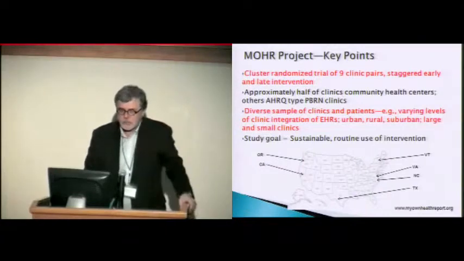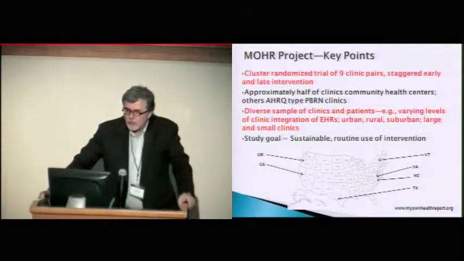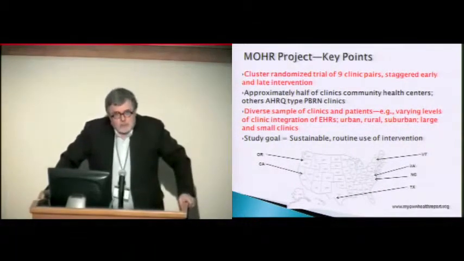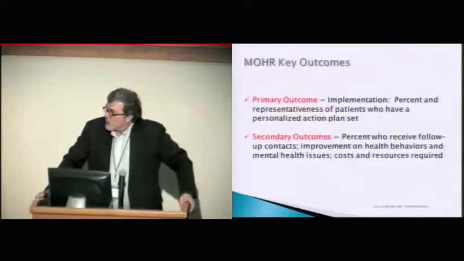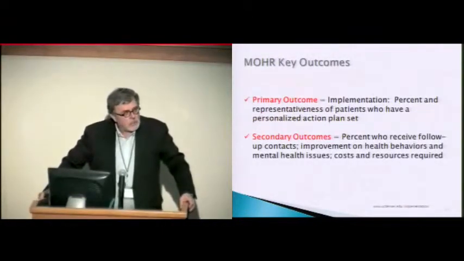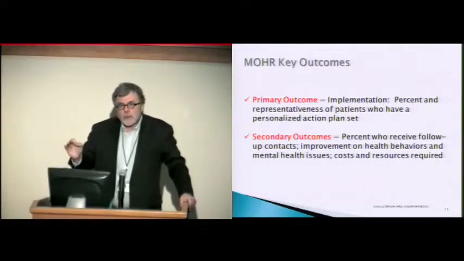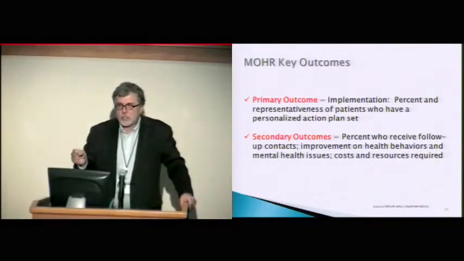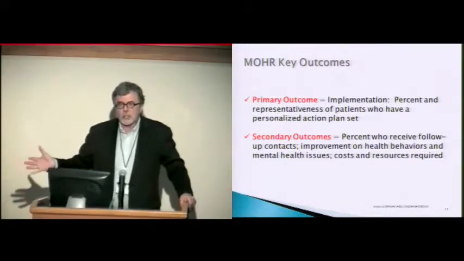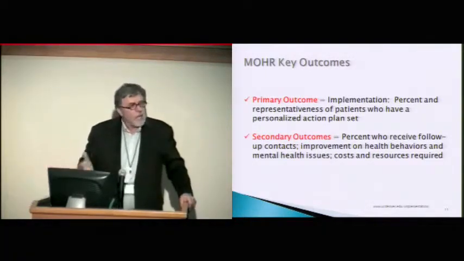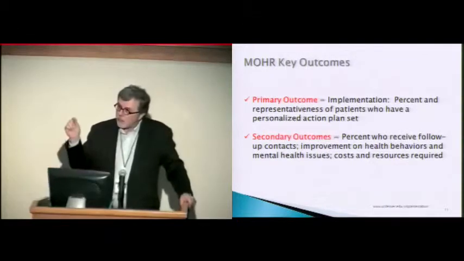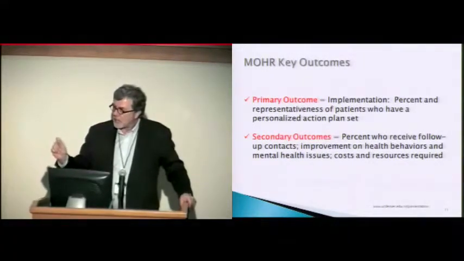But this project is in the field and you have the reference there. The key outcomes of this study are something that you might either say is kind of interesting, or you might say this is a waste of time. Remember, we're looking at 10 different things, and this is all adult primary care, as close to all adults that come in as we can. Because of that, we don't have one usual primary outcome like NIH has.